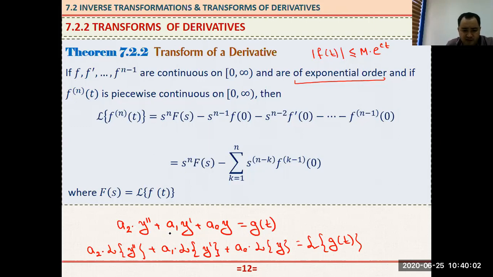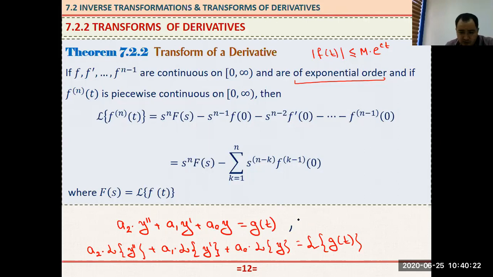Because if you're solving a second order differential equation, for example, to be able to solve this initial value problem, we must be given 2 conditions, right? Why? Because when you solve this, we'll have 2 arbitrary constants in the solution. To determine those constants, we must be given 2 conditions.